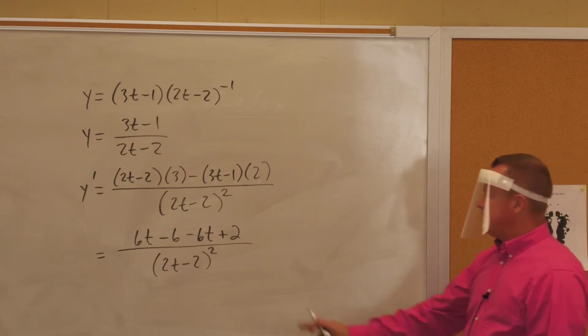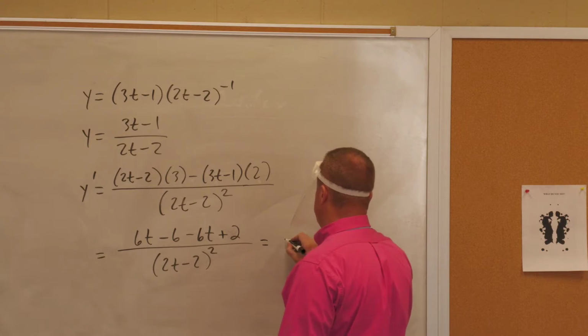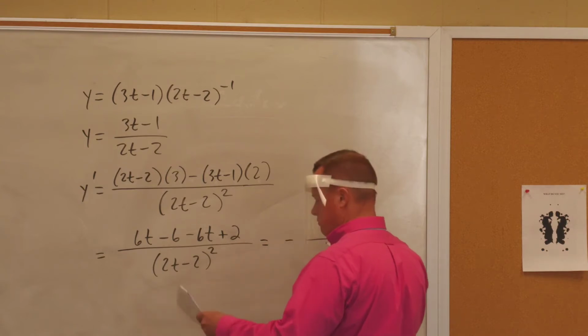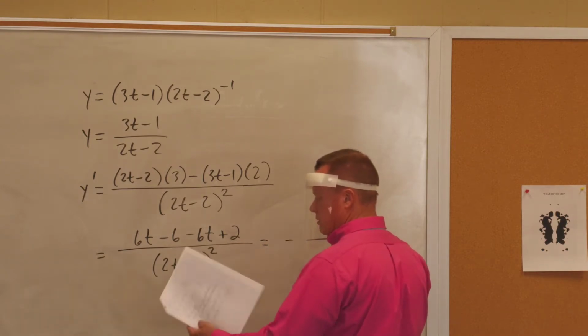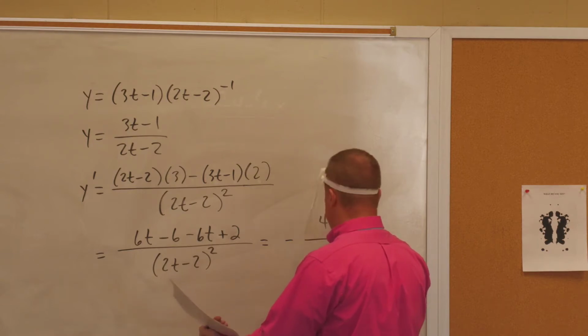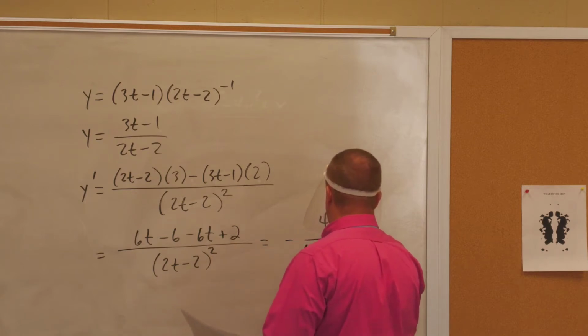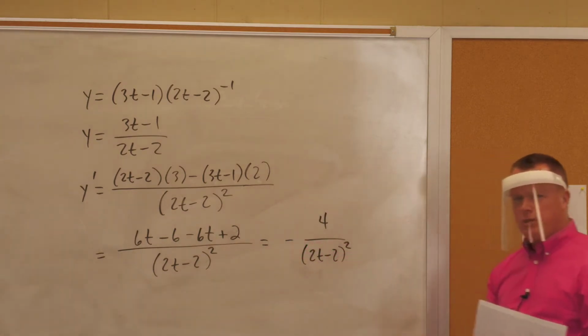So now the 6t minus 6t is 0. Negative 6 plus 2 is negative 4. So let's write our answer as negative 4 over 2t minus 2 squared.